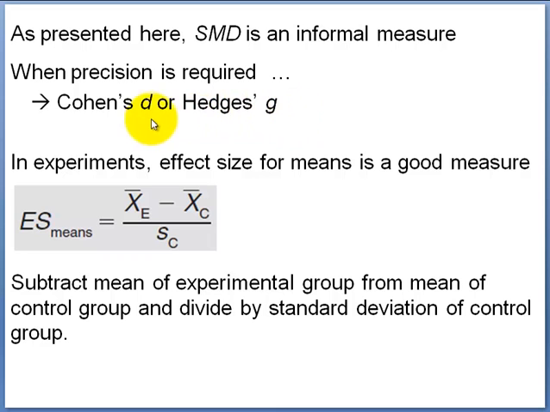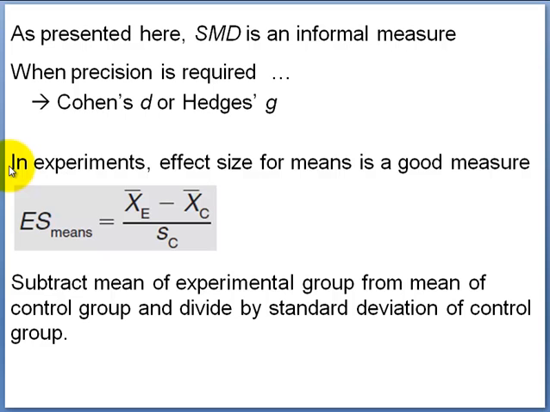The footnotes of Chapter 9 have the formula for Cohen's d, and you can find Hedges' g easily online. Now, one straightforward way to calculate the SMD is as we have done, which is to presume that the standard deviation is equal in the two groups.